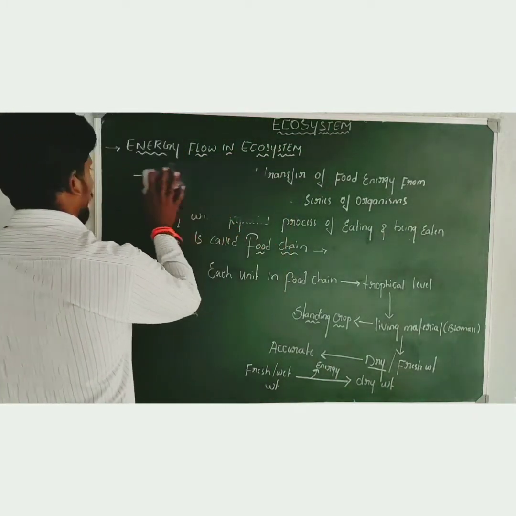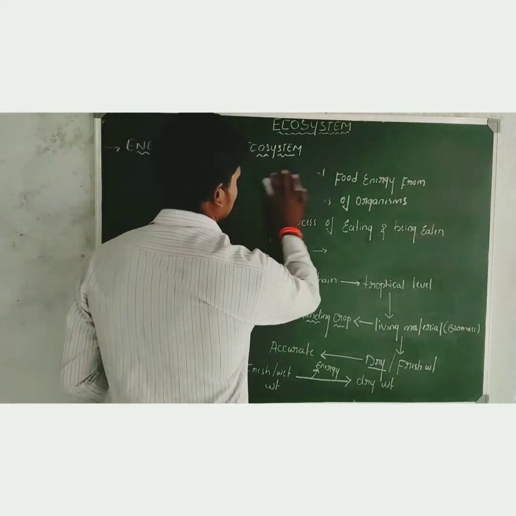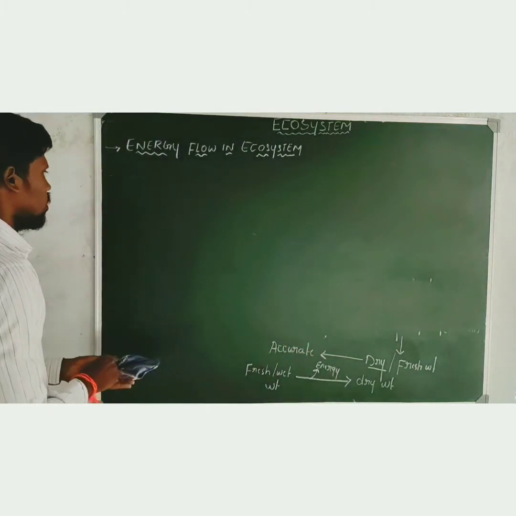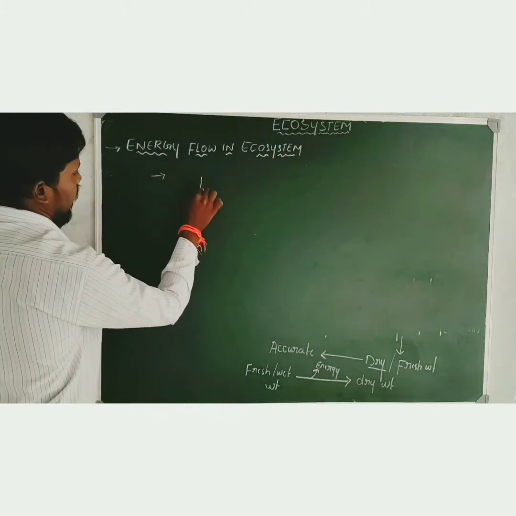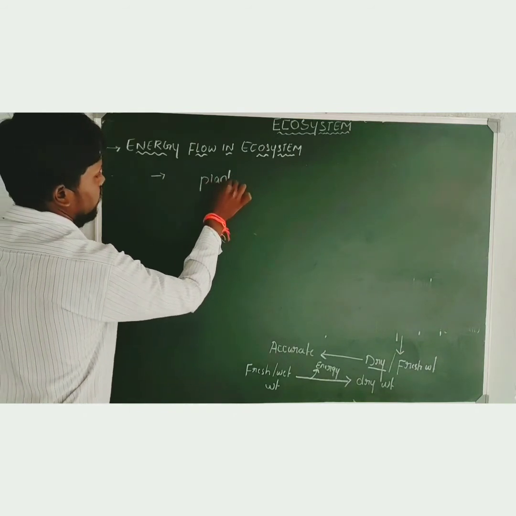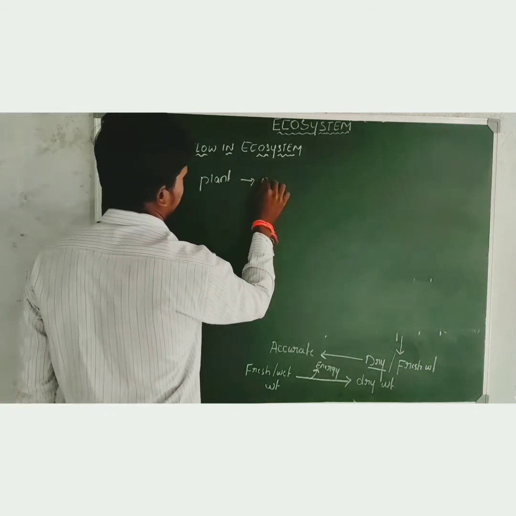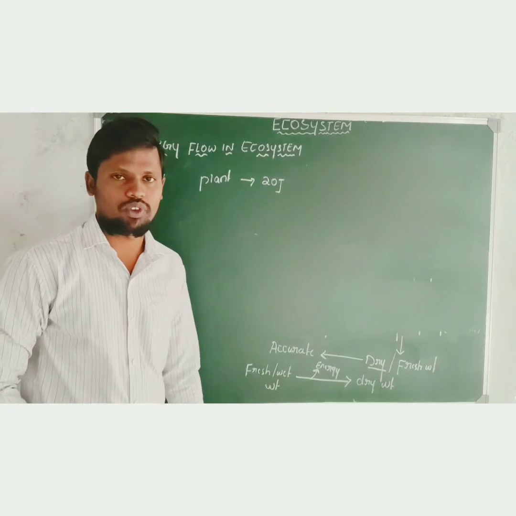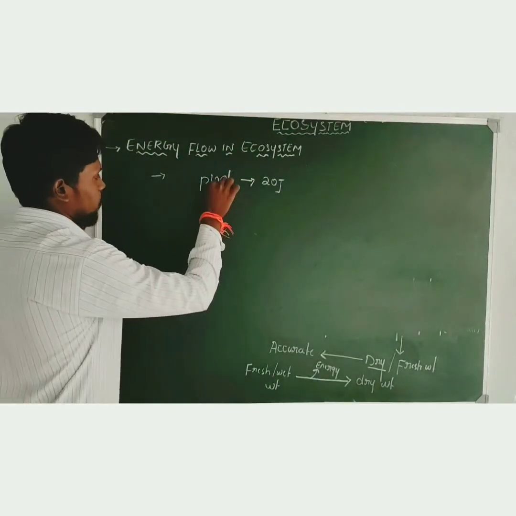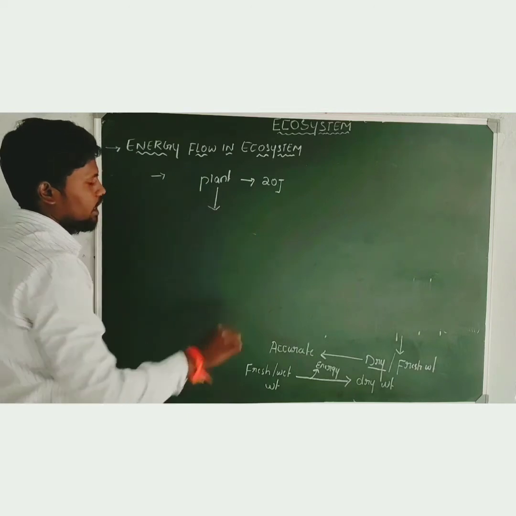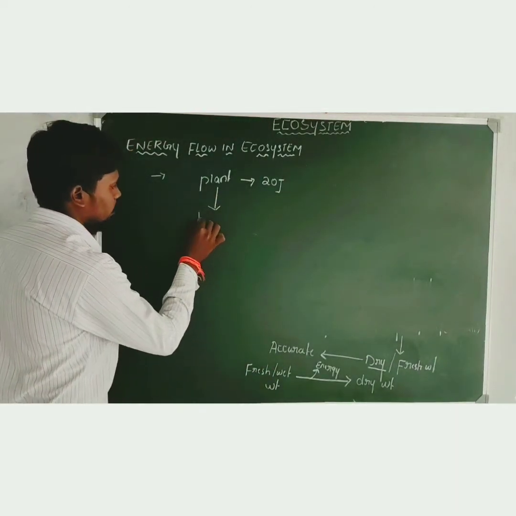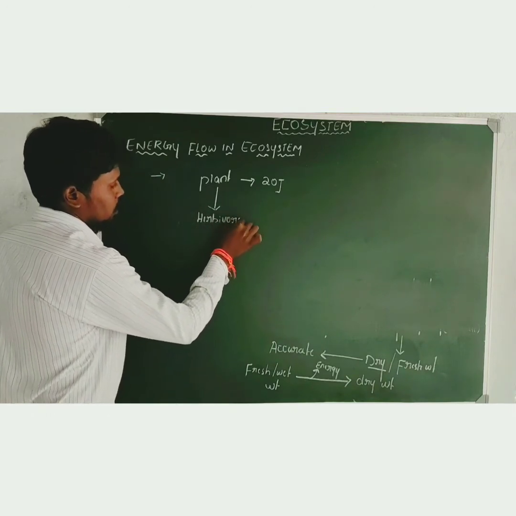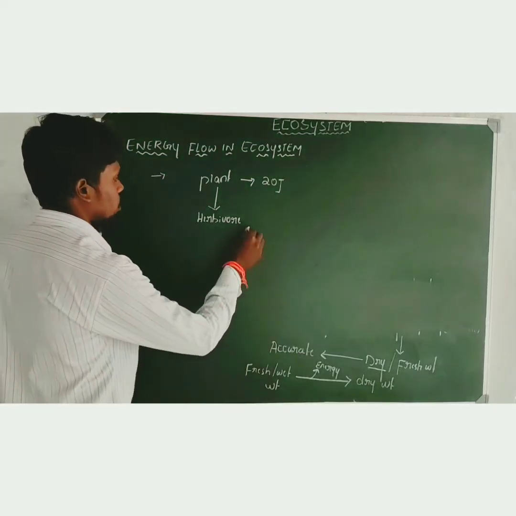Let us see an example of how this energy flow takes place. Suppose plants capture 20 joules of energy from the sun, right? This plant is eaten by a herbivore.